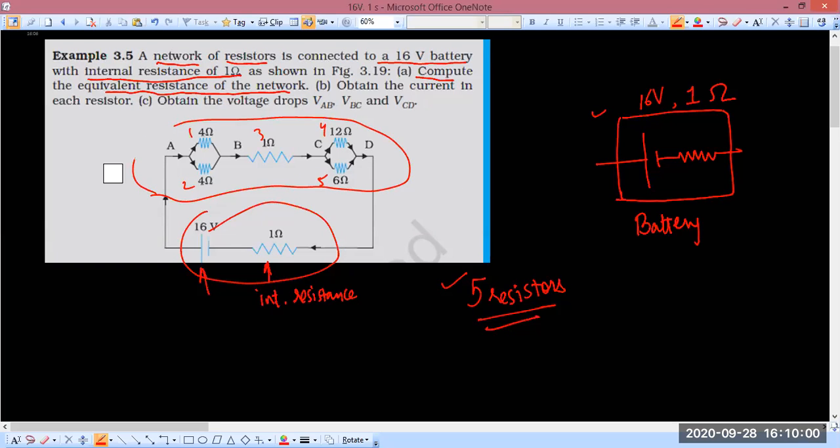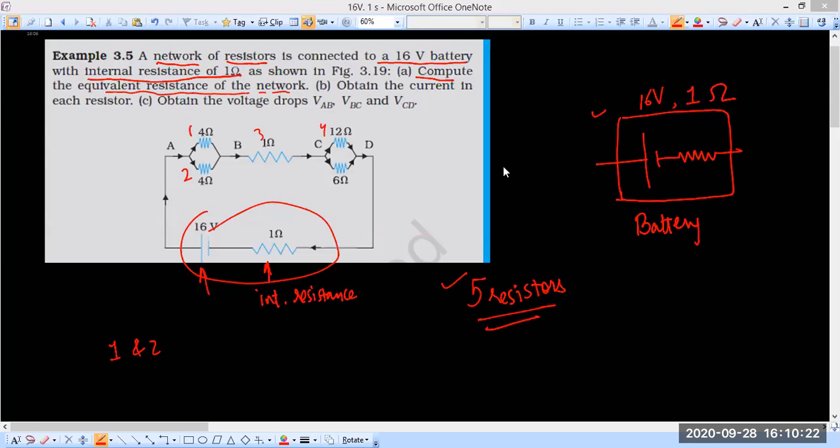Hurry up, come on. Now you see this is a slightly complicated case, because if you talk about 1 and 2, what can you say about 1 and 2? 1 and 2 are in what? Very good. 1 and 2 are in parallel, right?